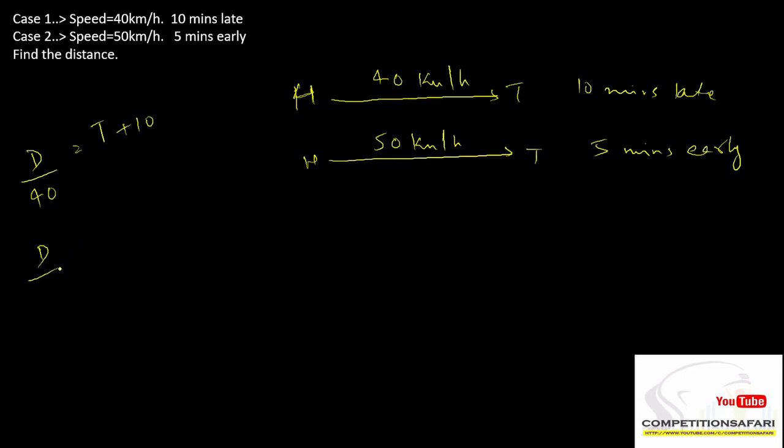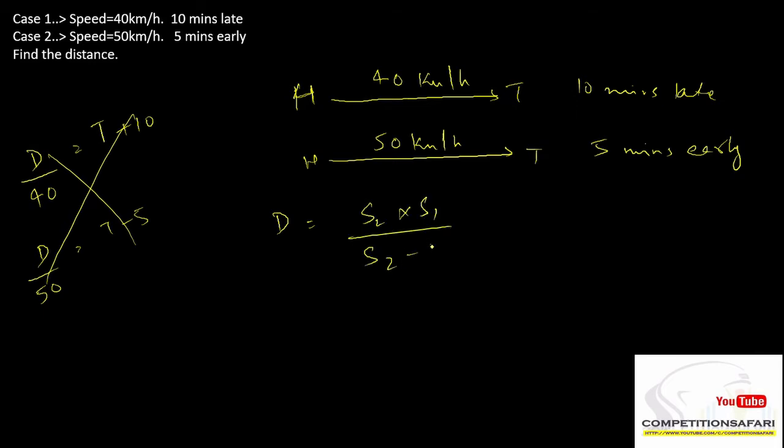Another equation, d by 50, this time 5 minutes early. But we don't have to do this. Here we have a direct formula to find the distance, which is s2 into s1 upon s2 minus s1, into the total time. So here we have 40 into 50 upon 50 minus 40, into total time.